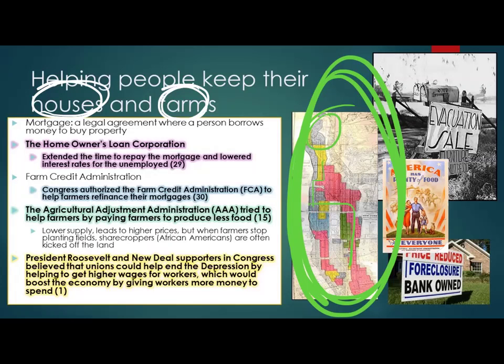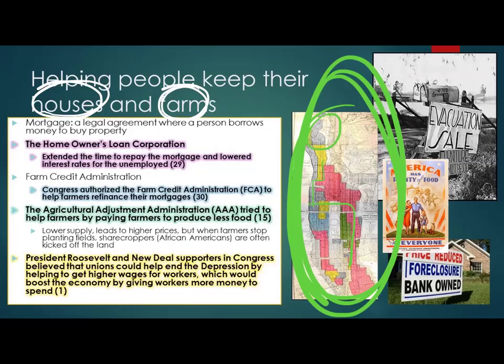This allows the federal government with the Homeowners Loan Corporation to say, you know what? You're at danger of risking and losing your home in the yellow, in the red, in the green, and we're going to extend the time you need to pay your loans back.